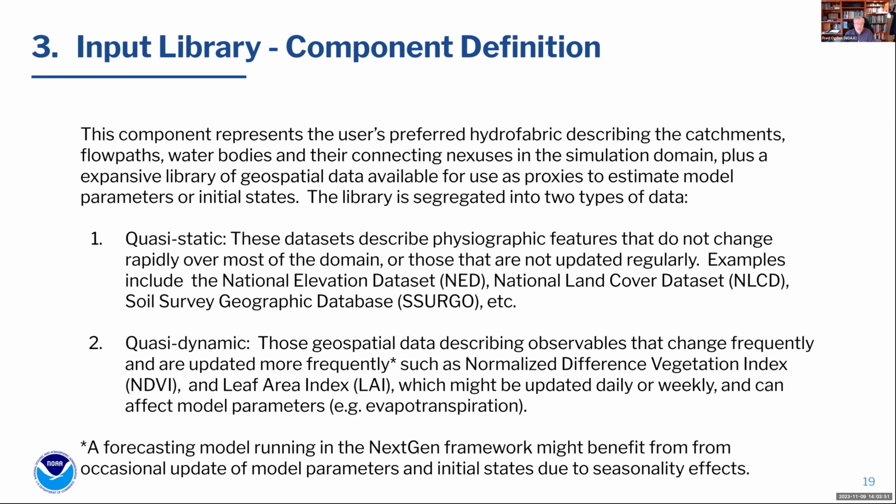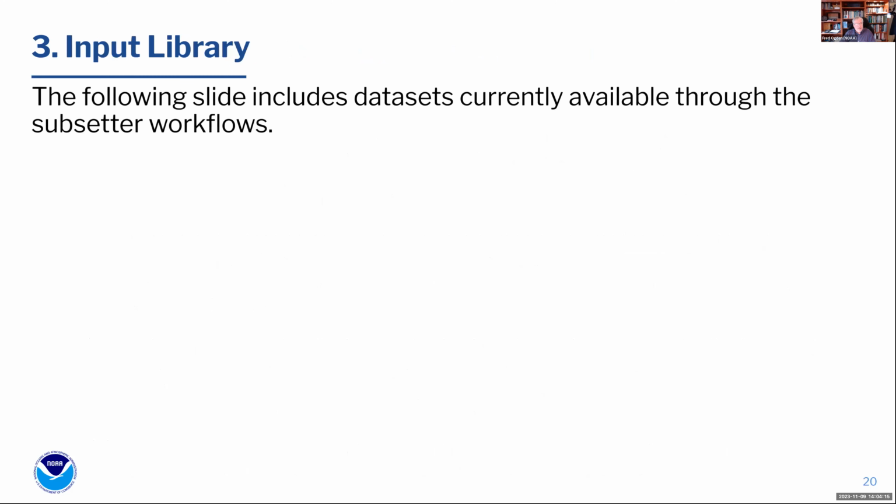And then quasi-dynamic ones, these would be NDVI, leaf area index, things that change pretty quickly. They're observed frequently using remote sensing. It could be remote sensing soil moisture data. All of these things that can affect either model parameters or initial states. The input library.